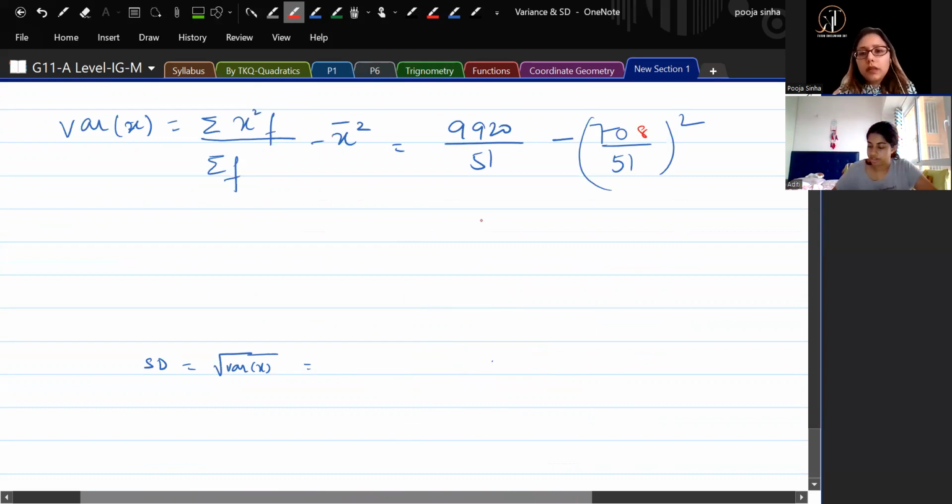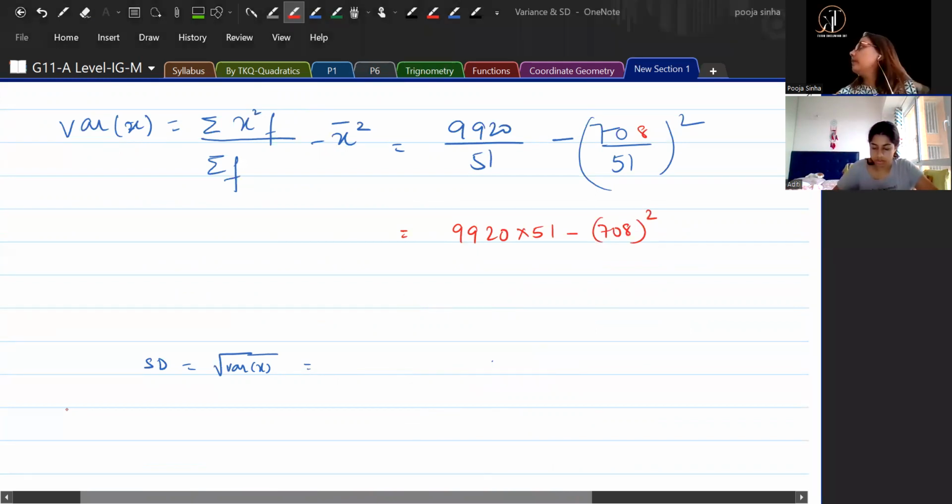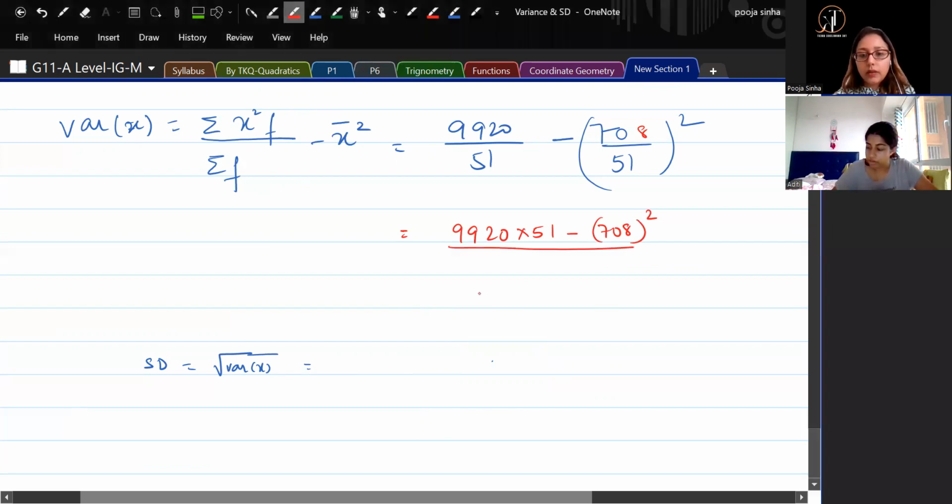So this becomes 9920 into 51 minus 708 का square. Yeah, just give me a moment. It should be coming as 1.34, 1.79, right?